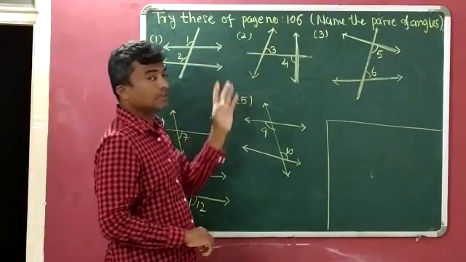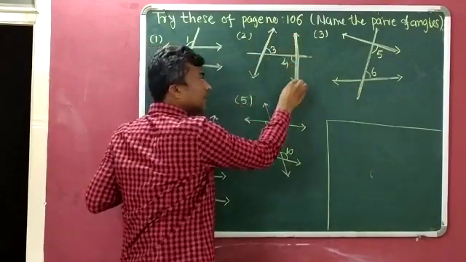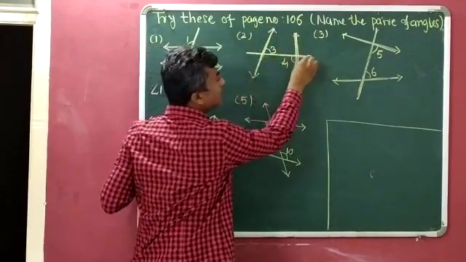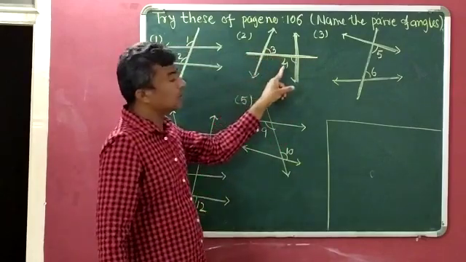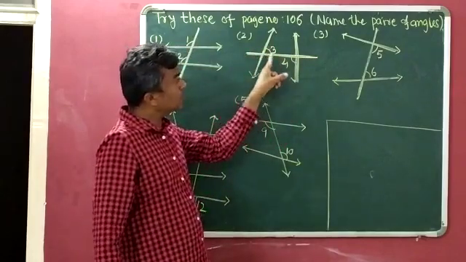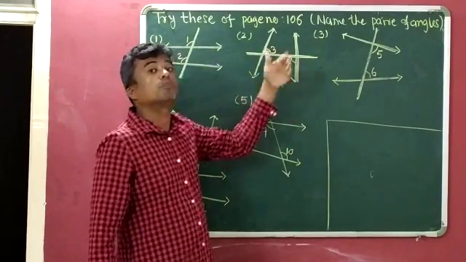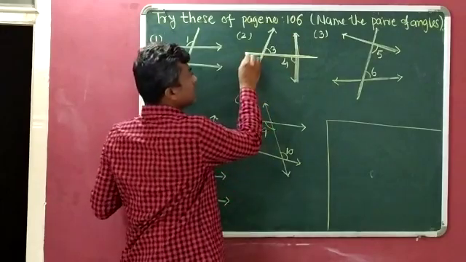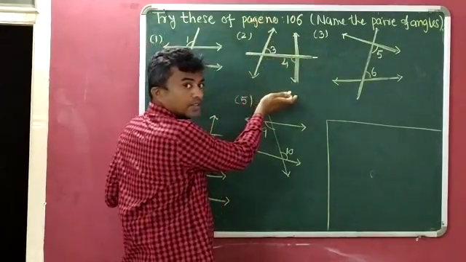Now the second figure. Here one line is given, a second line is given, and this line is the transversal. Look at angle 3 and angle 4. Both are interior angles and both are on opposite sides of the transversal. Angle 3 is on this side and angle 4 is on this side.